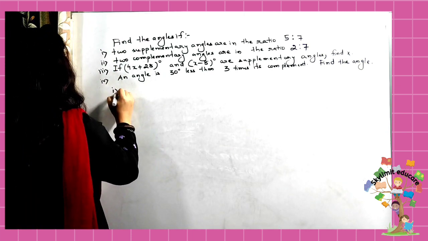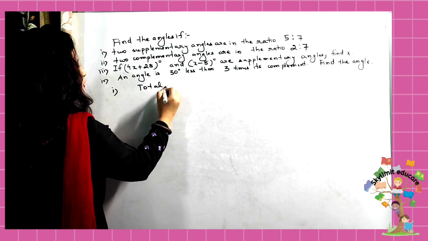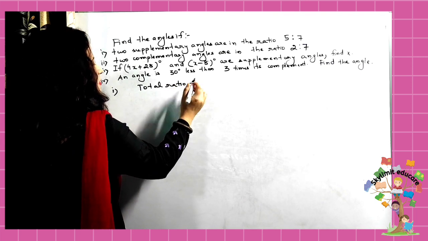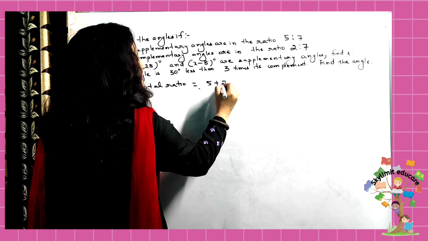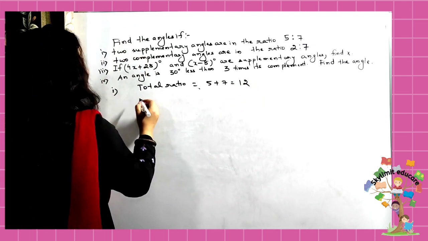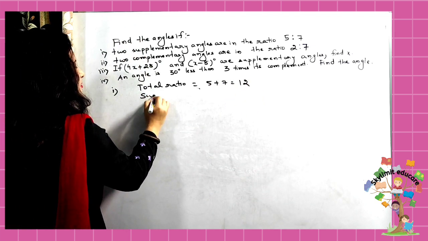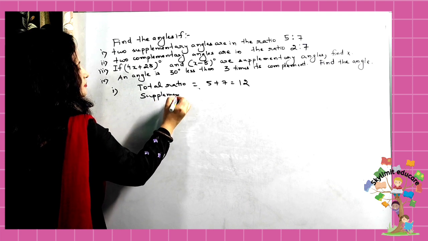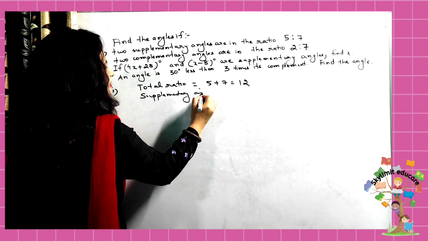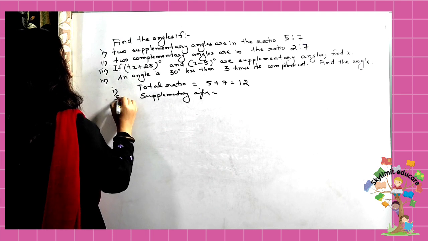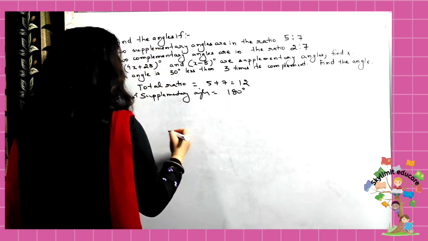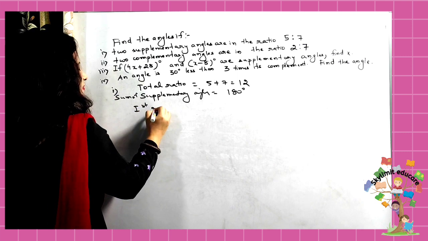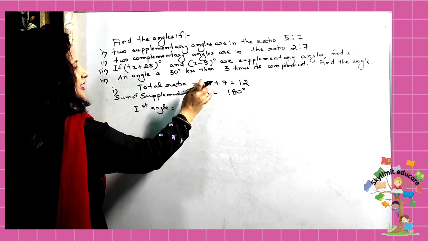What is the other method? Total ratio. Let's find out the total ratio. Total ratio is equal to 5 plus 7, 12, right? So we know that supplementary angles, the sum of supplementary angles is what? 180 degree. So first angle is represented by 5.